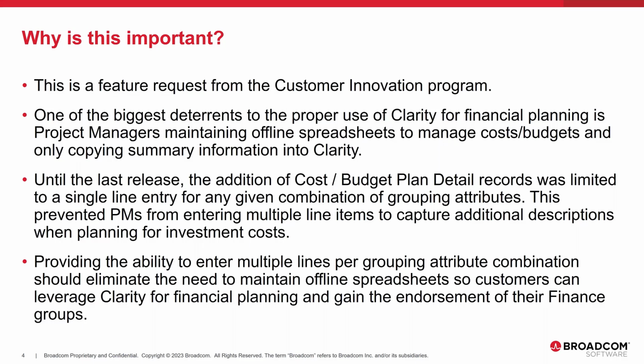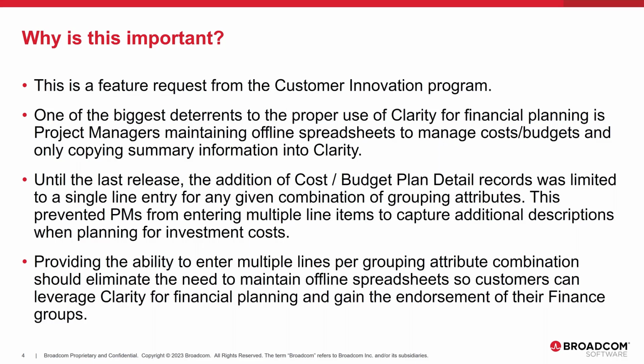And why? One of the biggest roadblocks to the proper use of Clarity for financial planning is the PMs or the project managers maintaining offline spreadsheets to manage costs and budgets at a detailed level, but only copying summary information into Clarity. Until the last release, the addition of cost or budget plan detailed records was limited to a single line entry for any unique combination of grouping attributes.